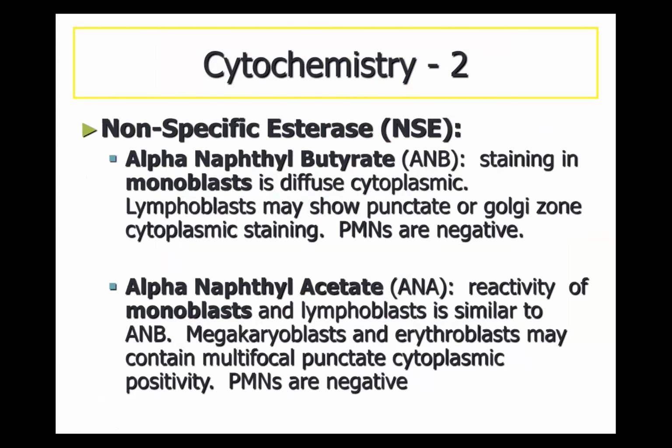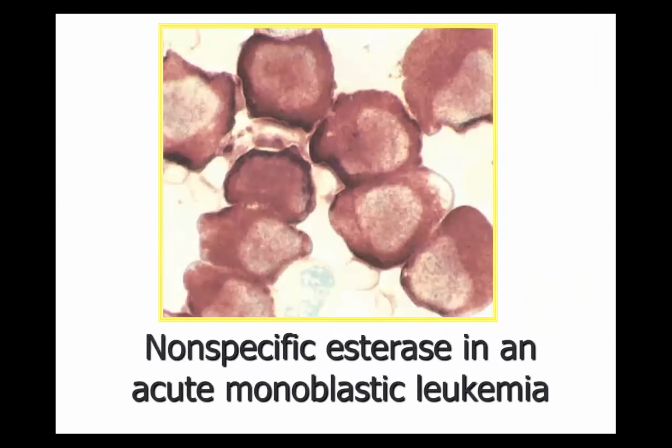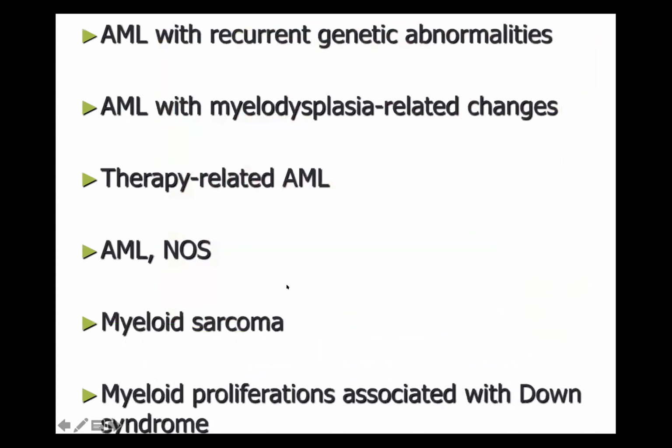These are stains that are specific for the monocytic lineage, including monoblasts. So this is nonspecific esterase staining in acute monoblastic leukemia. You can see that the cells that are monocytic in lineage are staining with this orange stain, and the rest of the cells are not going to show because they're negative, like this neutrophil here.